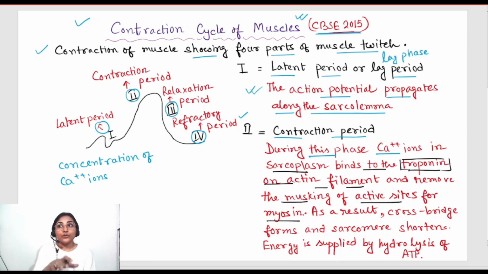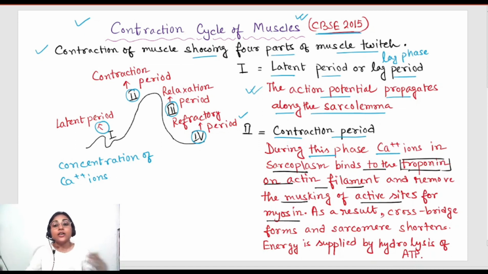So now the active myosin binding site gets exposed. When the troponin binds during this contraction period, it removes the masking of the active site on the actin protein for binding with the myosin.